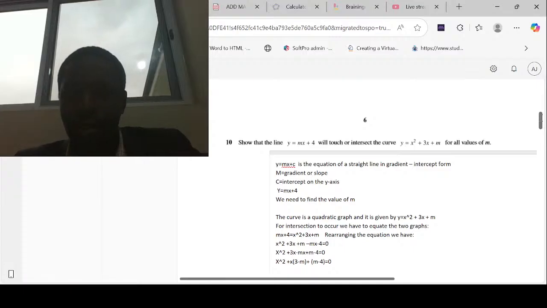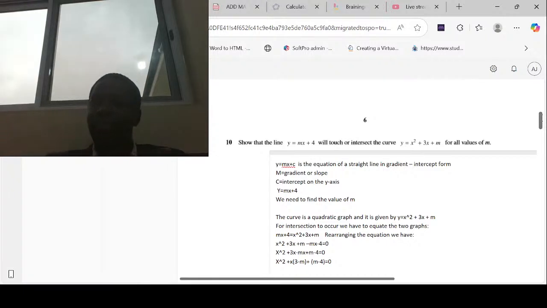Show that, okay, what did they actually ask us to do? Show that the line y equals mx plus 4 will touch or intersect the curve y equals x squared plus 3x plus m for all values of m. So what the question is actually saying is that any value you pick always intersects.